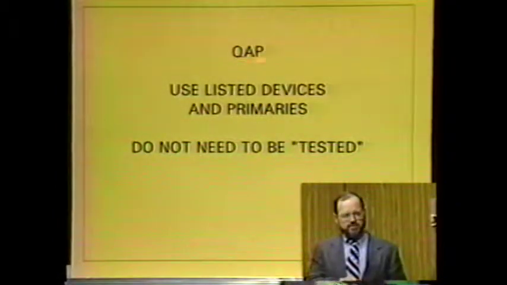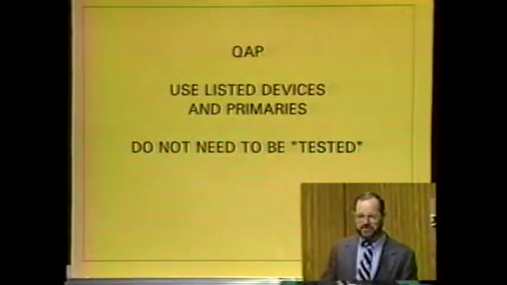Now, further requirements of the secondary measurement services is you must have a quality assurance plan, you must use listed devices and listed primaries, that is primaries who have passed the R&P program. You do not need to be tested. Now, unfortunately, this does not mean you can skip the R&P written exam. It just means that you do not have to send your devices to the radon chambers in order to demonstrate your proficiency in coming up with the proper results.